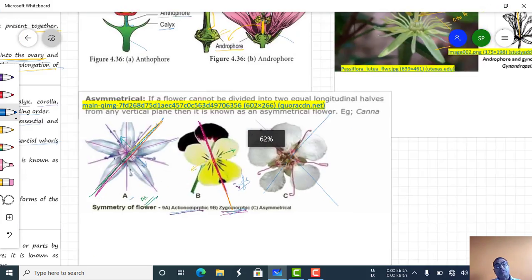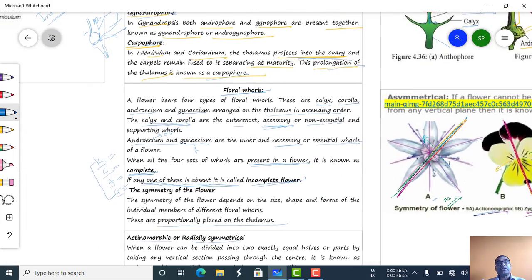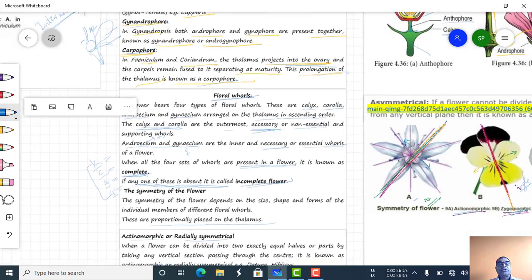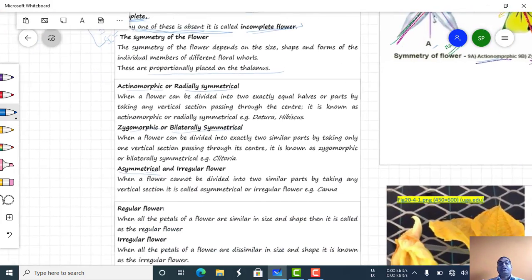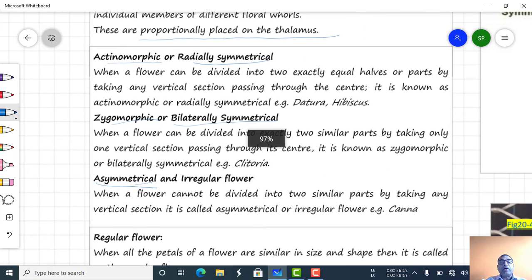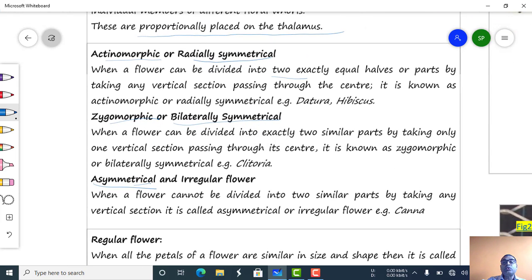So actinomorphic, zygomorphic, and asymmetric, these are the three symmetries observed among flowers. When a flower can be divided into two exactly equal halves by taking any vertical section passing through the center, then it is called actinomorphic or radially symmetrical.